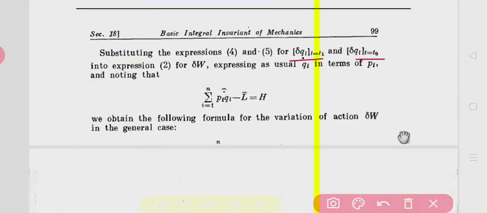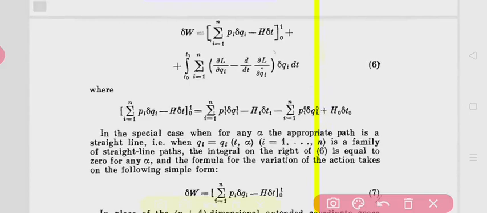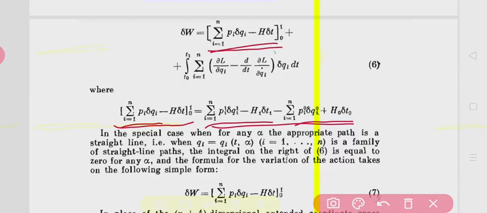After placing the value and using this relation, we got the formula for delta W, right. This value at t1 minus value at t naught is called summation p_i delta q_i minus H delta t at 0 to 1. That's why I have written this from 0 to 1, and the remaining integral is this one.